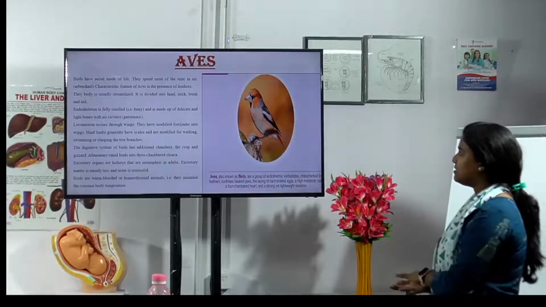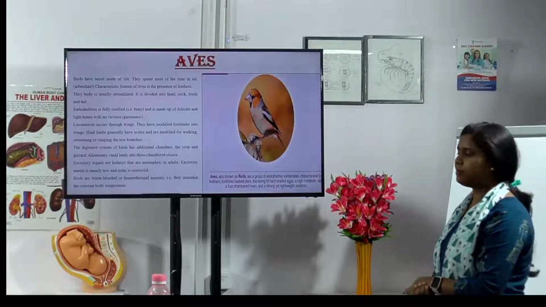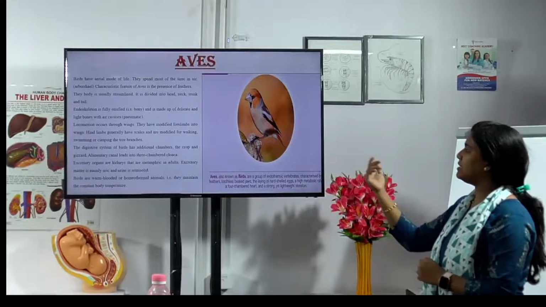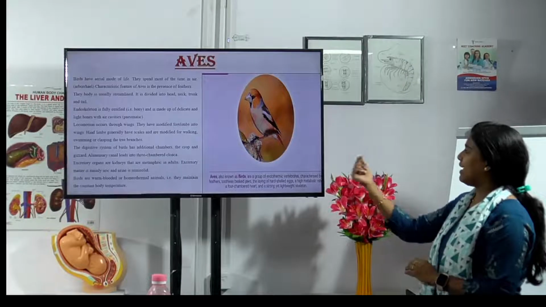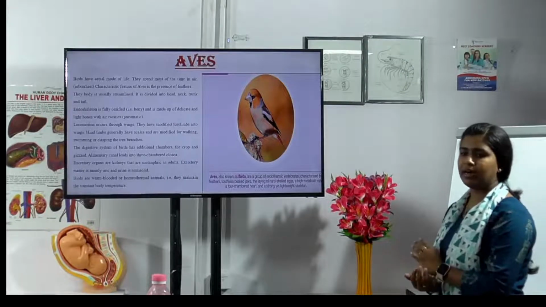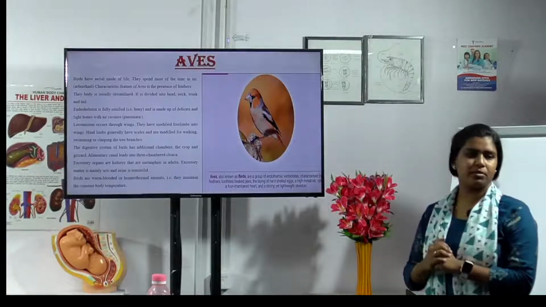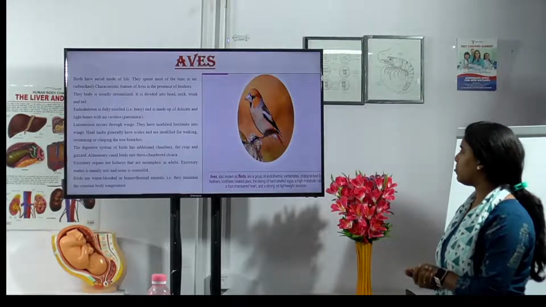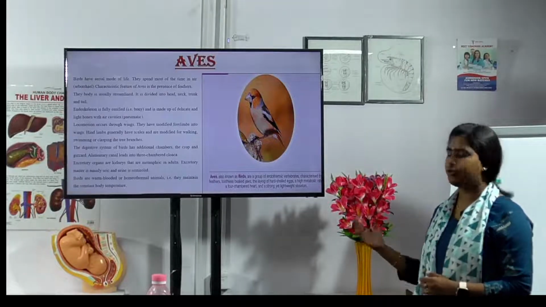The digestive system in birds has additional chambers, the crop and the gizzard. The alimentary canal leads to a three-chambered cloaca, and excretion is through kidneys only, mainly as semi-solid uric acid.